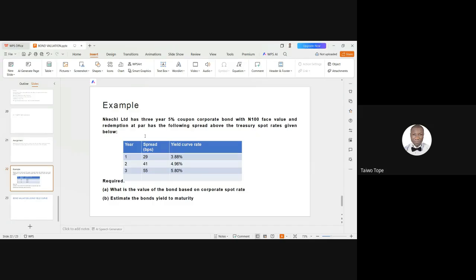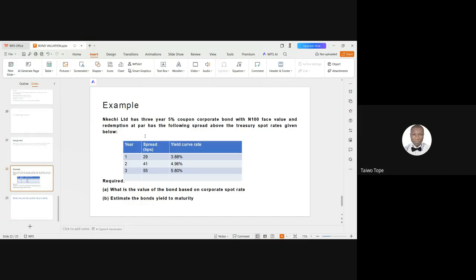So the question is that Nkechi Limited has a 3-year 5% coupon corporate bond with 100 naira face value, and redemption at par has the following spread above the treasury spot rate given below.